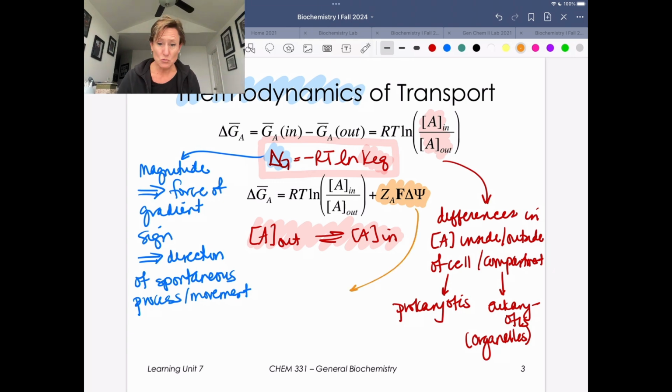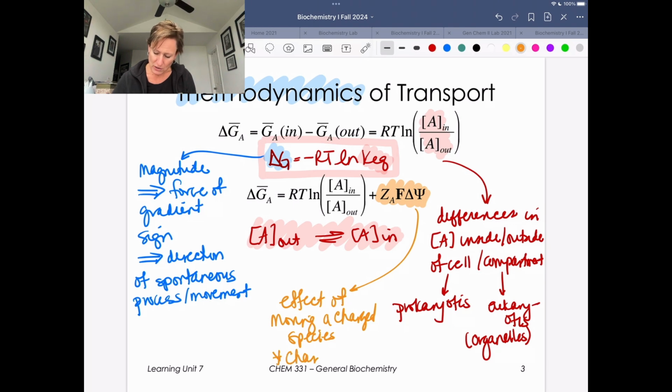So that's all that this really is. This is going to be the effect of moving a charged species, and that is going to allow us to build up a charge gradient.